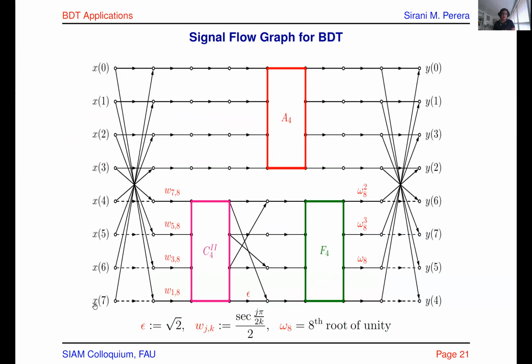And here is the signal flow graph for the beam digitization transform for an 8-point input. These are my 8-point inputs, these are my 8-point outputs. Look at this. You have a nice, beautiful butterfly structure that we usually see in FFT-type algorithms. And these are the weights or the gains, which correspond to the multipliers.